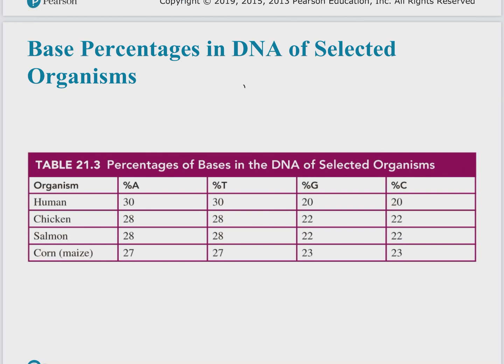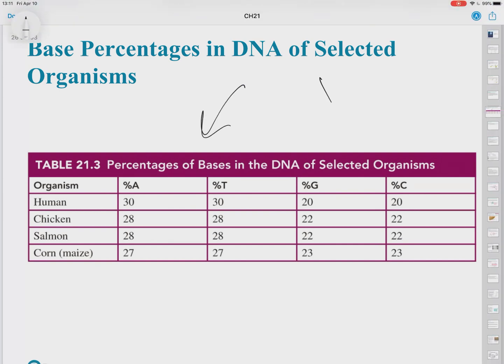One of the ways that scientists used to compare organisms, long before we could sequence the actual DNA and look at it that way, which is by far more meaningful, was to look at just the percentage of how much A and T, G and C you had. There's also something called the melting temperature.